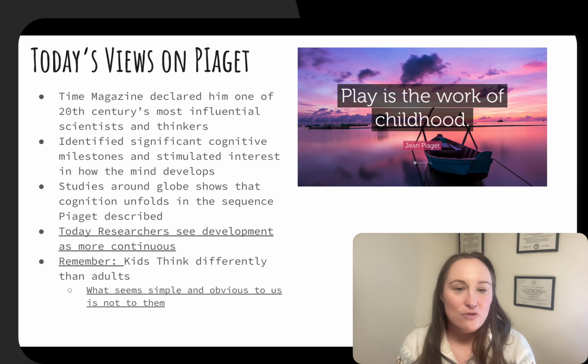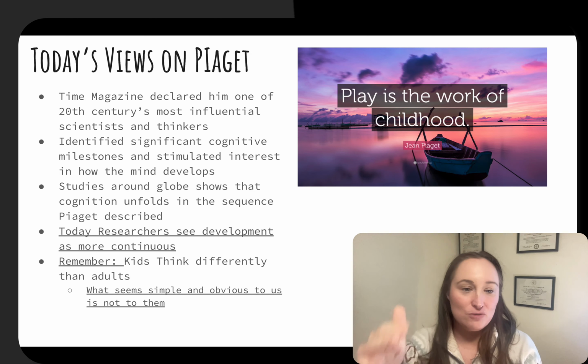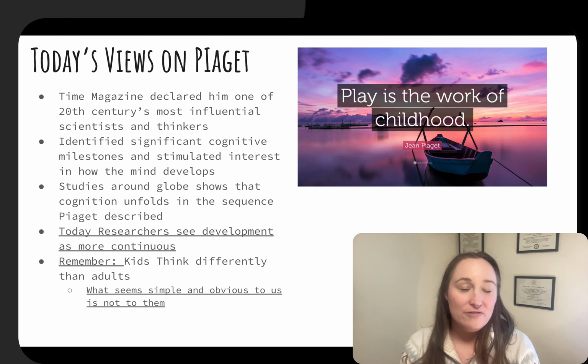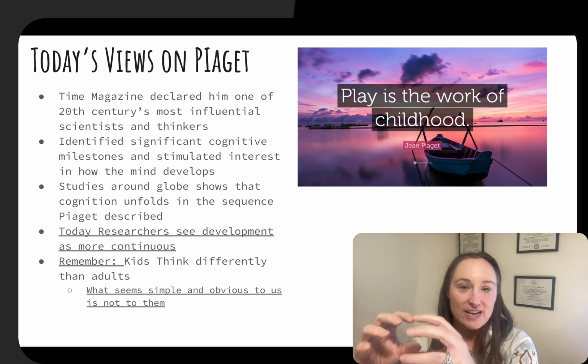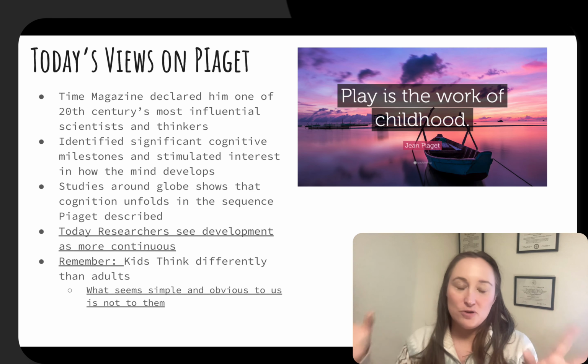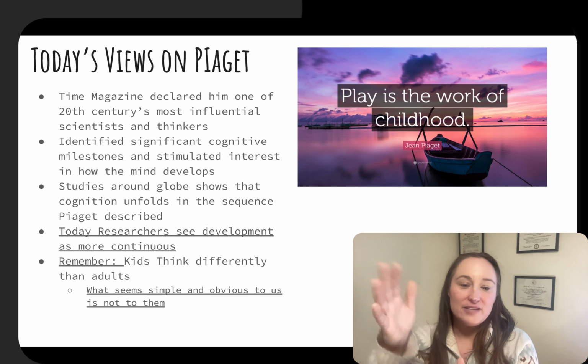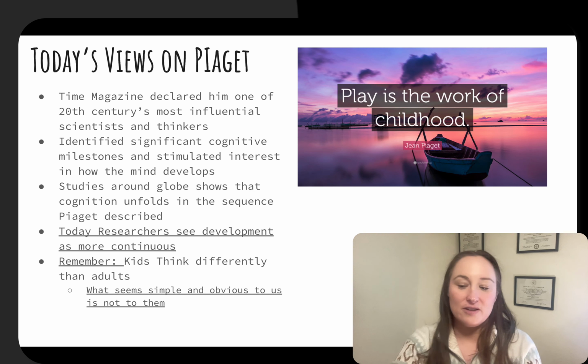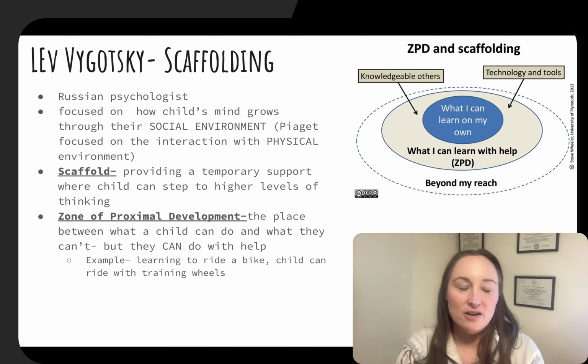So today we look at Piaget and we say he was right about the order of things developing, but what he was wrong about is that it doesn't happen in clear stages. Like at this age, there's this boom of cognitive development. They're saying it's more continuous, and you can read more about that here.